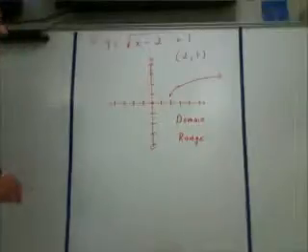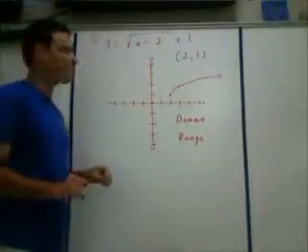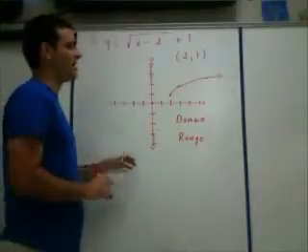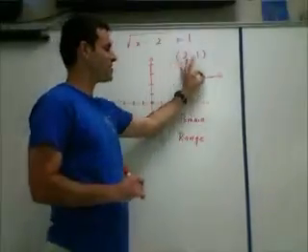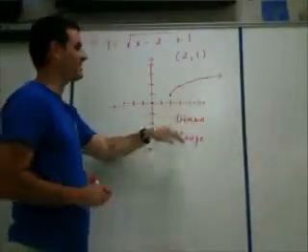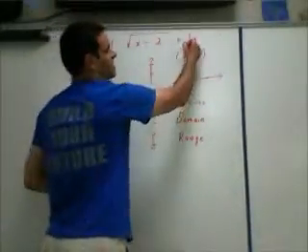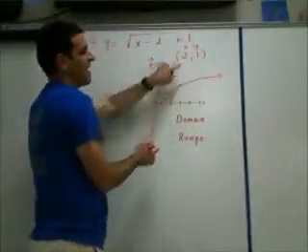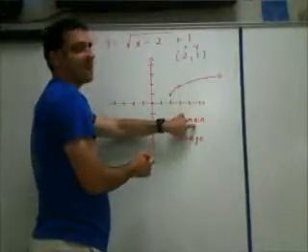Remember, domain is all the x's covered by the graph. With rational functions, we could just say the domain was all values except for excluded values. But here, it's going to be all values beginning with 2, because remember, domain is x, and continuing forever. If I just look up here, this is my x, this is my y, I can see this number is going to be critical when declaring the domain.